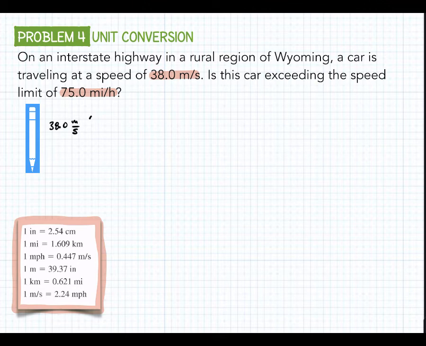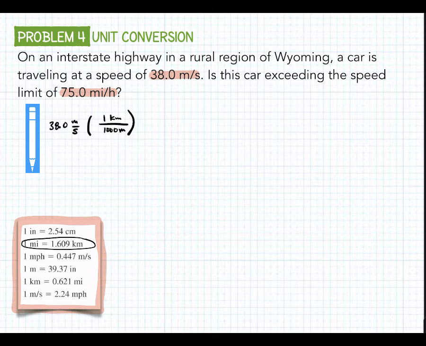So we need to go from meters to miles. There are lots of different ways to do this, and I'm just going to do one. For every 1 kilometer, you have 1,000 meters. Okay. Then we go down here and we use our mile to kilometer conversion.